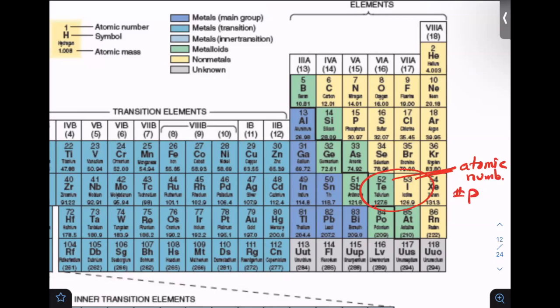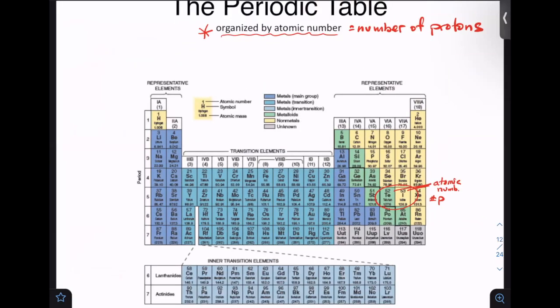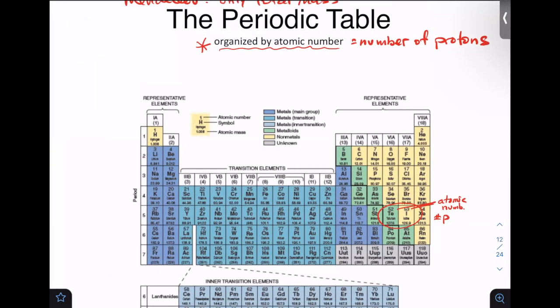So everything on our modern periodic table is in order of the number of protons, the atomic number. And that's one very important distinction because that's something that Mendeleev didn't know back in 1860.